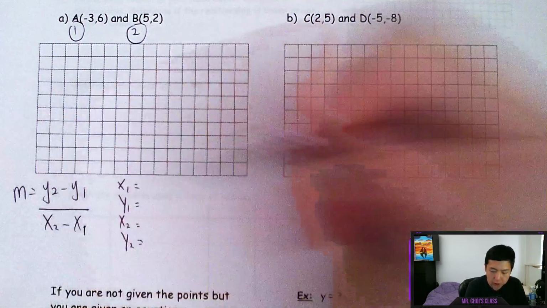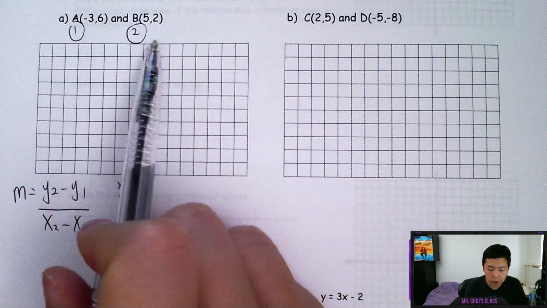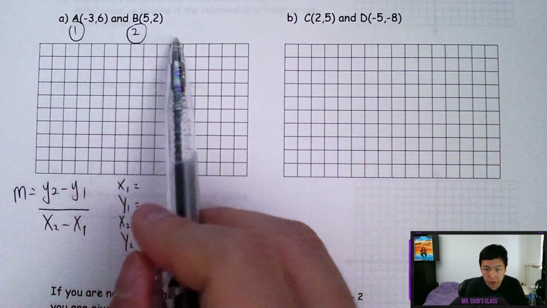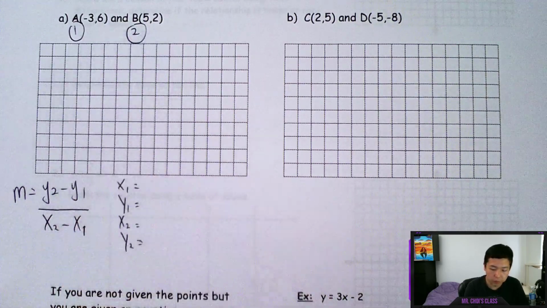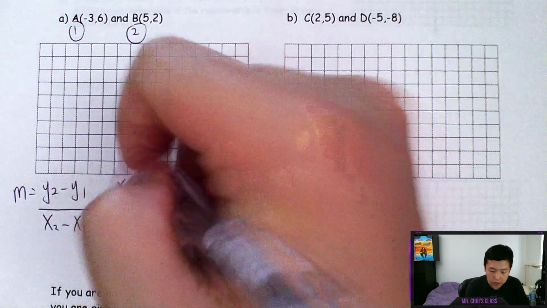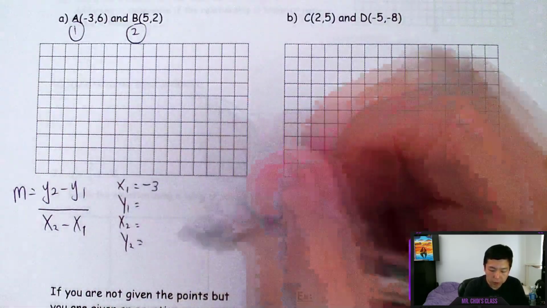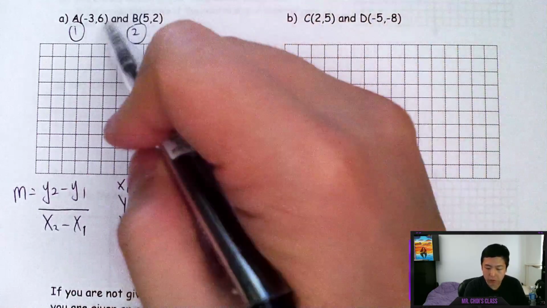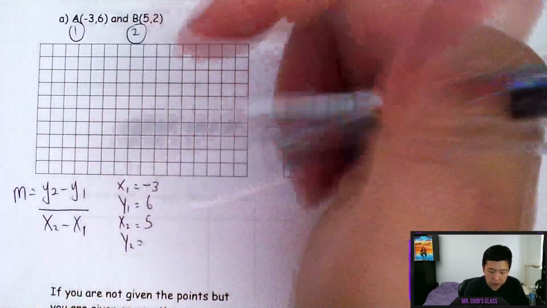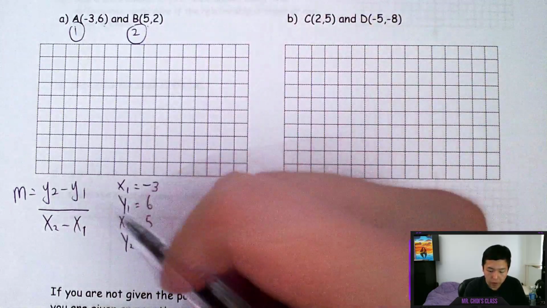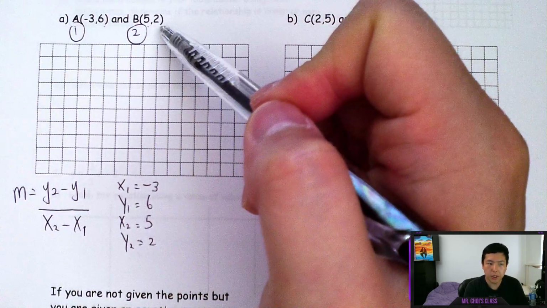If you have two coordinates, it's literally from left to right: x1, y1, x2, y2. So going down, x1 is -3, the x value of the first point. y1 is 6, the y value of the first point. x2 is 5, the x value of the second point. And y2 is 2, the y value of the second point.